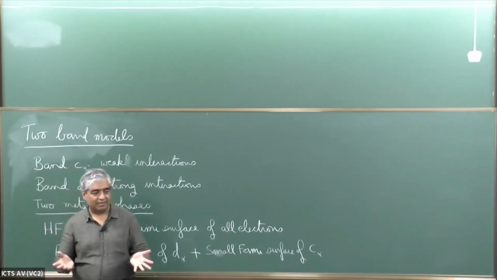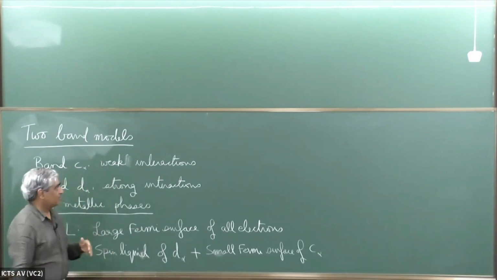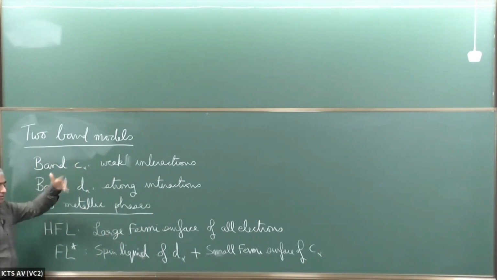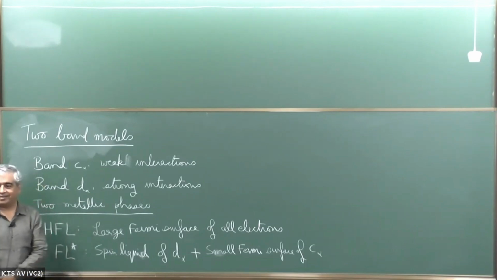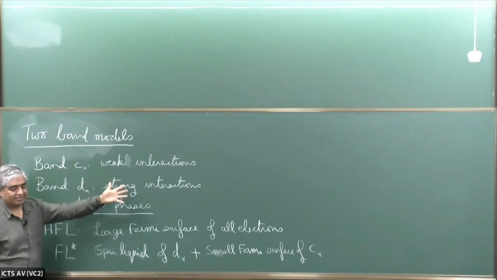So just to quickly summarize where we were at the last lecture. We spent two or three weeks talking about the basic two-band model, depending on conditions called the Kondo lattice or the Anderson lattice model. The basic structure is you have one band C, which has weak interactions, and another band D, which has strong interactions.